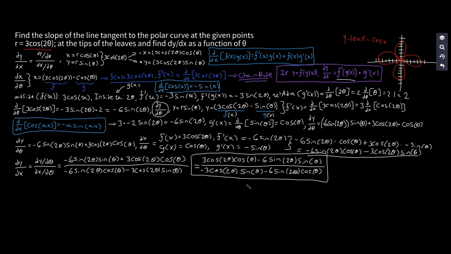Now finding the slopes at the tips of the leaves, our four-petaled rose, our 4-leafed rose. It has its tips where r is at its maximum and minimum.